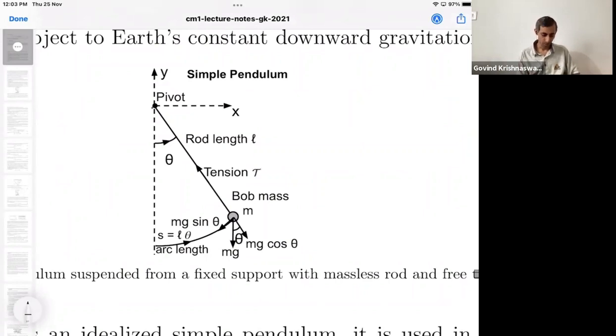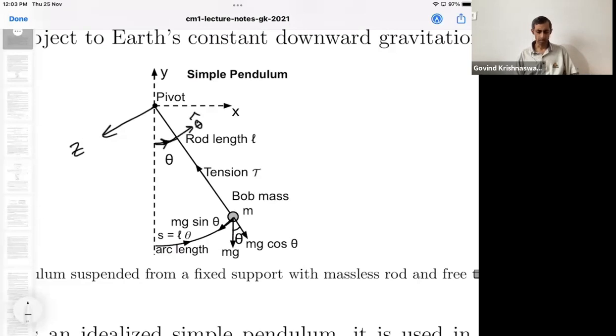Just to make that clear, z points out of the plane of the paper. We have an angle theta of deflection of the pendulum rod, and therefore a theta hat vector pointing this way, and a radially outward unit vector r hat at any point on the plane. In particular, here also there will be a radially outward unit vector r hat.